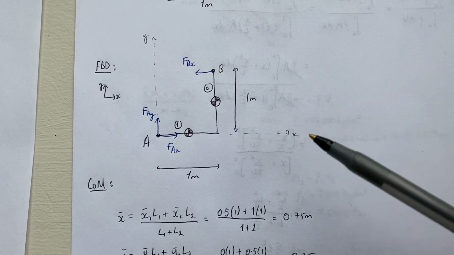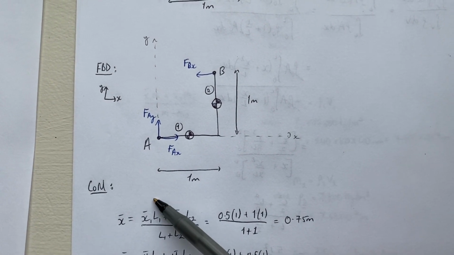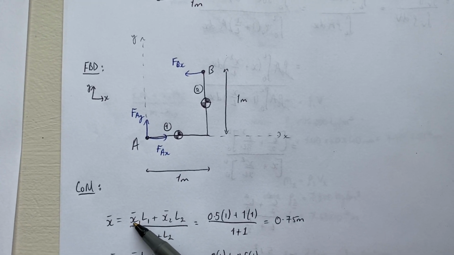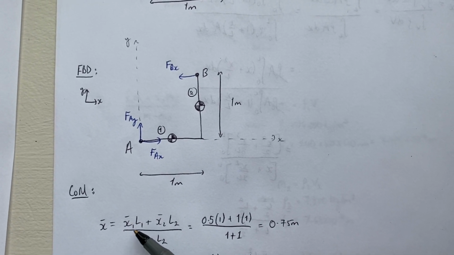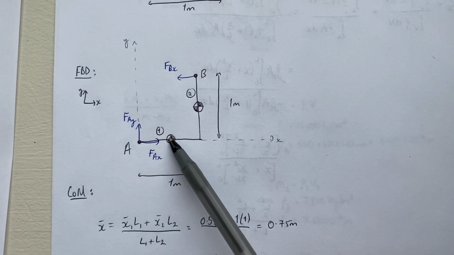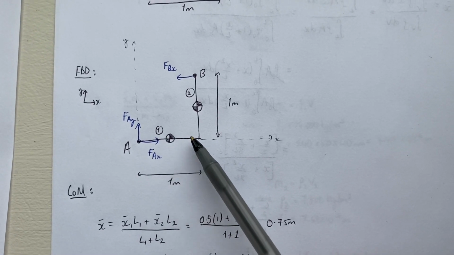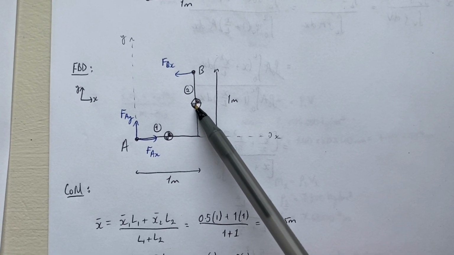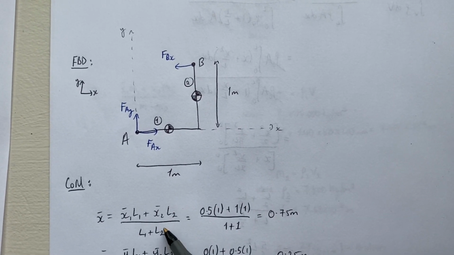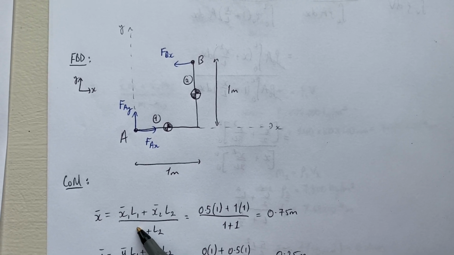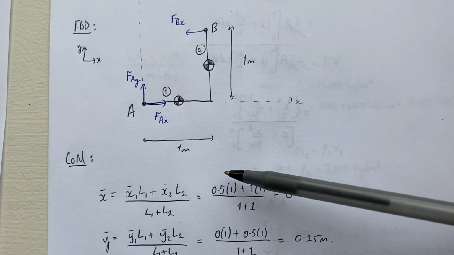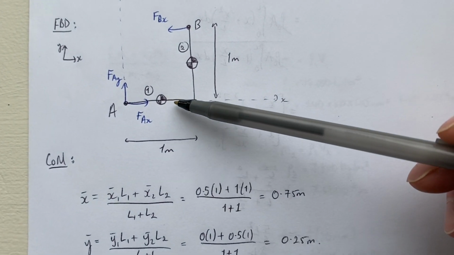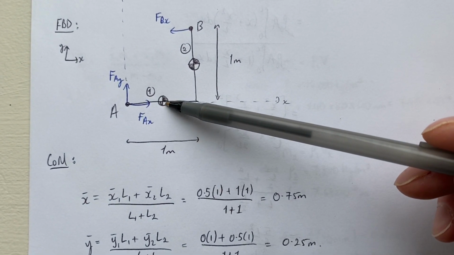So to find the x-coordinate of the center of mass, we've seen this formula before. We multiply the x-coordinate of the center of mass by the length of this piece, add it to the x-coordinate of the center of mass of this piece multiplied by its length, and then average it over the whole length. So that's what I've done here. So the x-coordinate of the center of mass of this piece is just halfway along it, right?